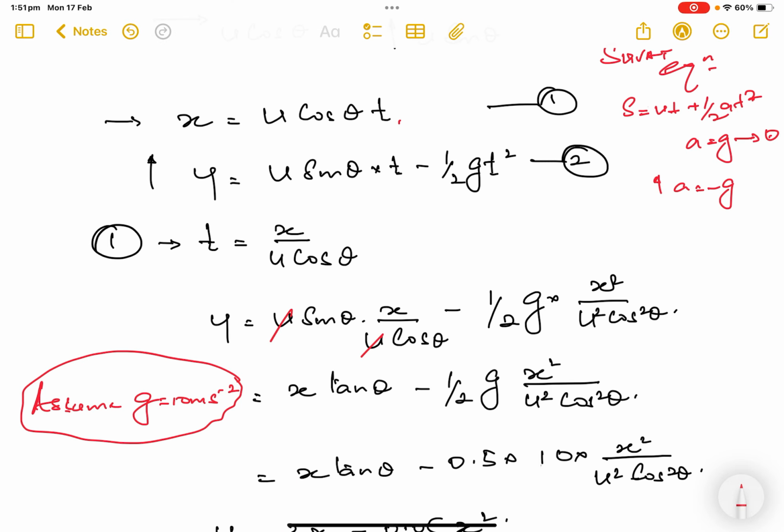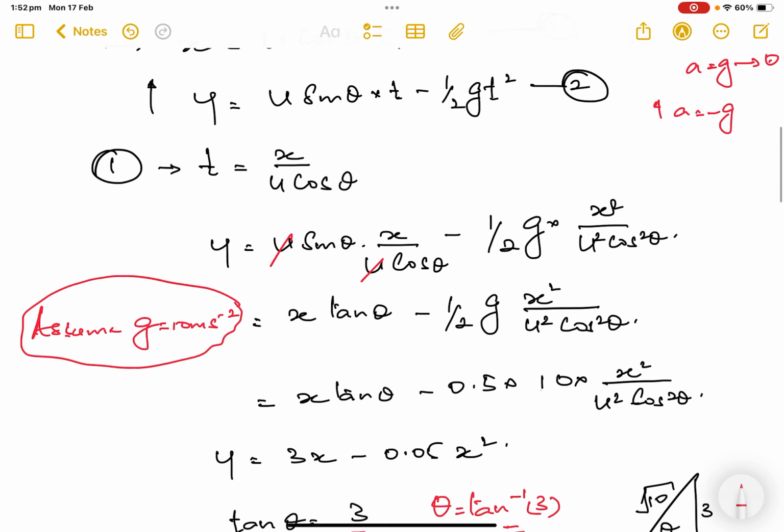From the first equation, we can find t in terms of x and u. So t equals x over u cos theta. And then substitute that value into the vertical equation: y equals u sin theta times x over u cos theta, minus half g times x squared over u squared cos squared theta.